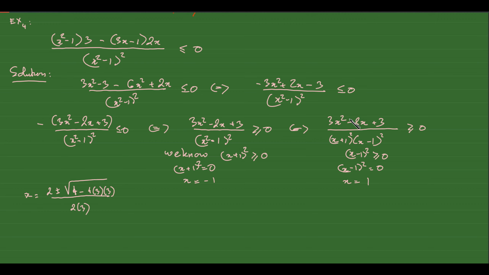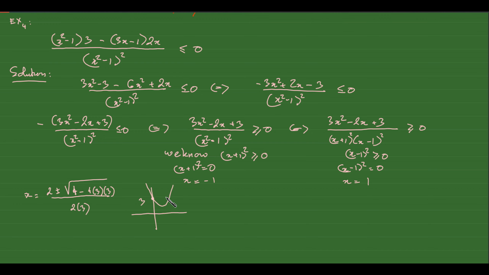Okay, and we know that this quadratic right here is opening up, and it's not cutting the x-axis. It means that it's always greater than 0, because the shape of this quadratic will be something like this, over here at 3 right here.